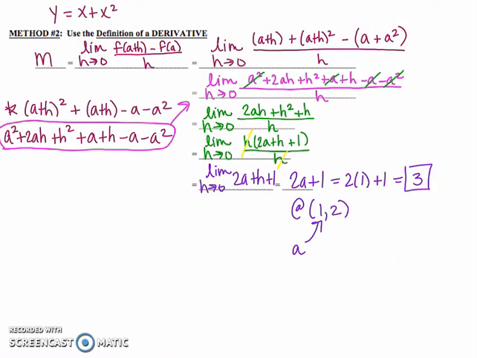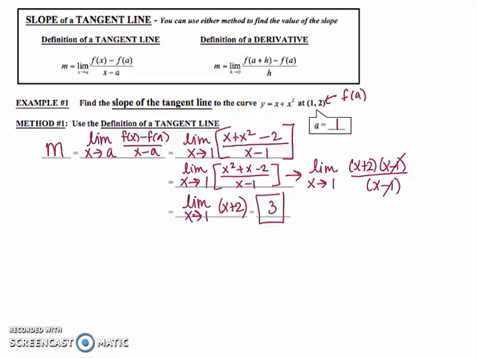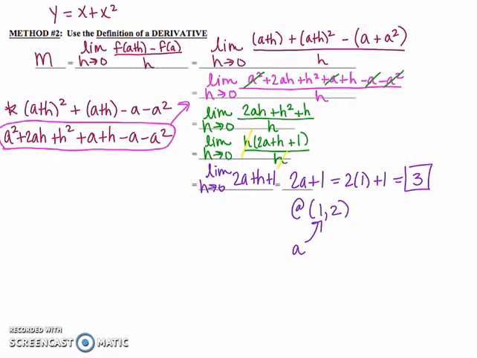So we got the same answer here that we got in the previous example, but I think you would agree that the way that we did it the second time, method 2, was a little bit more work using that definition of a derivative. But sometimes we don't have a choice, because if we don't know the point and all we know is the function, then we have to do it this way and leave it in terms of a and finish that way.